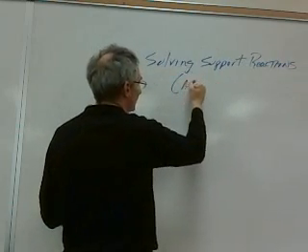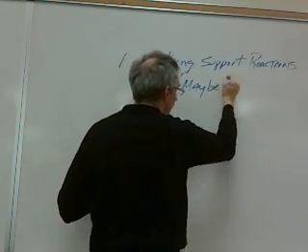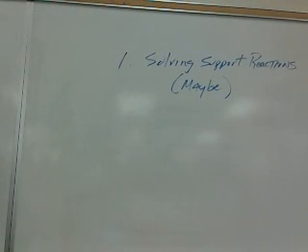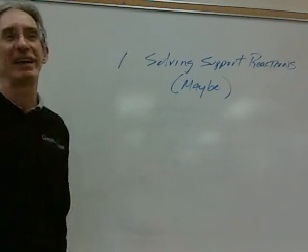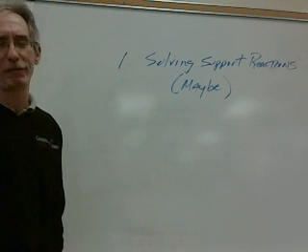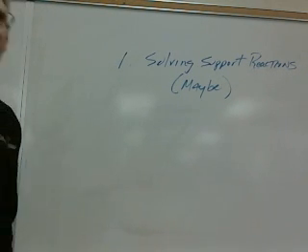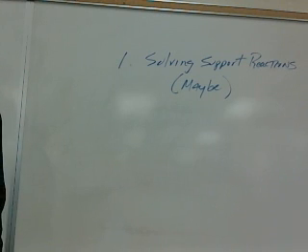Now, with this, I'll say maybe. Okay? With the method of joints, we said, number one, solve the support reactions, and you always had to do that. With the method of sections, you might find a problem here or there that doesn't require this. But you should probably go into every problem thinking, yeah, hey, I've got to solve the support reactions.